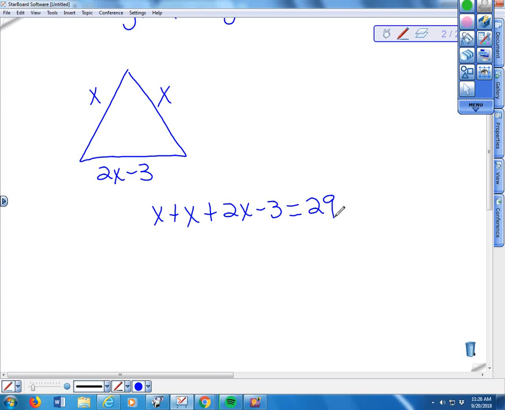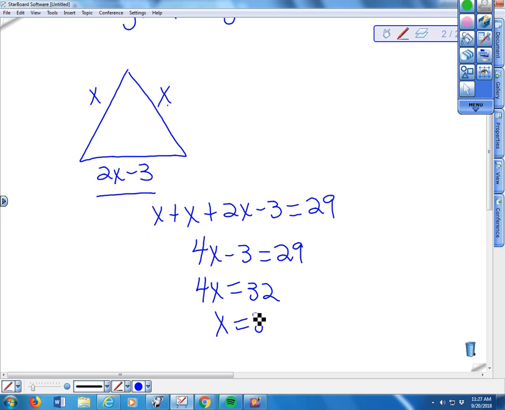Well, when I get x figured out, that's going to be this side. I need to figure out what this side is. So I'm going to get 4x minus 3 is 29. Add 3. So I know that the two sides are equal to 8 meters. I'm going to plug 8 in here. 2 times 8 is 16 minus 3. The longest side is 13 meters.